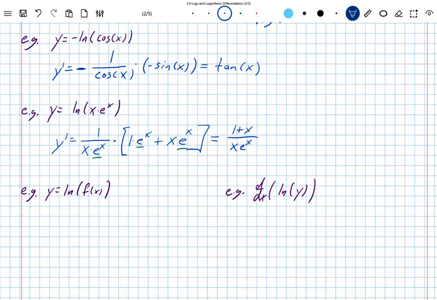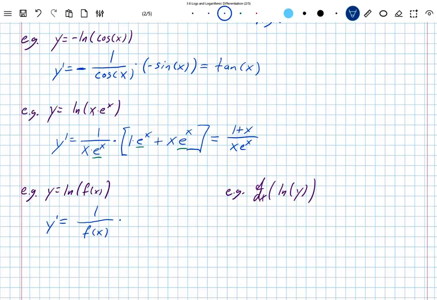Okay, just 2 more to go. These are a little bit more abstract, and that's on purpose. That's where this is going. So, y prime of natural log of some function. I don't even know what it is, but I don't really care. This is the expressive power of calculus and your ability to work with functions. So it's going to be 1 over stuff, because the derivative of natural log is 1 over x, so f of x goes on bottom, times, chain rule says take the derivative of f, whatever this weird function is.